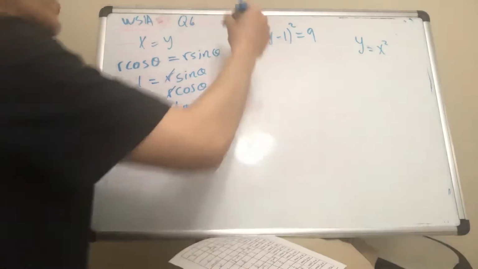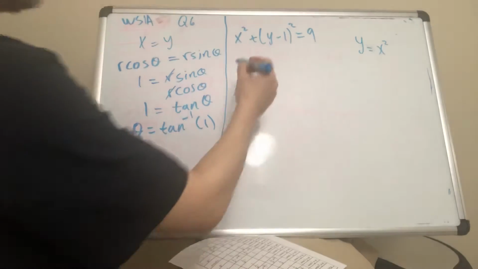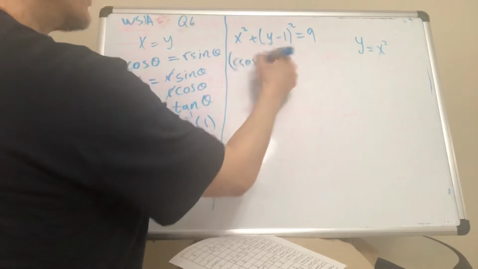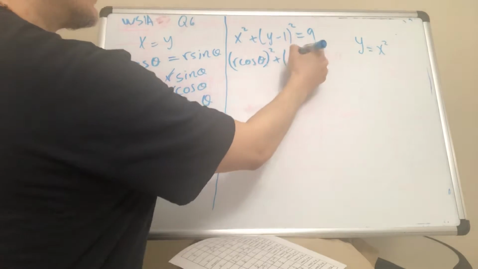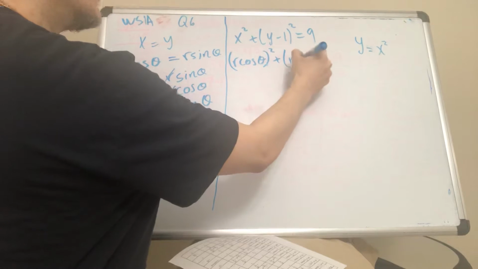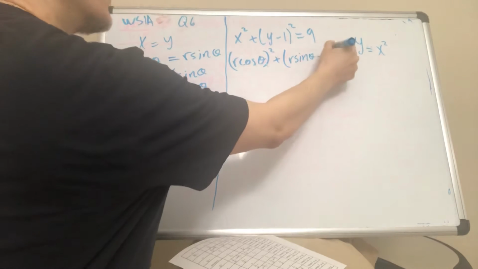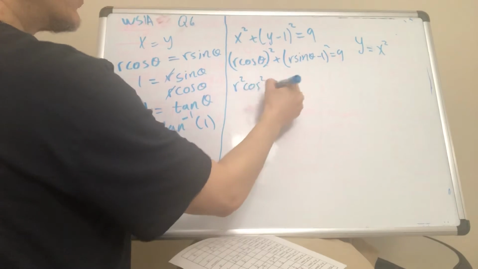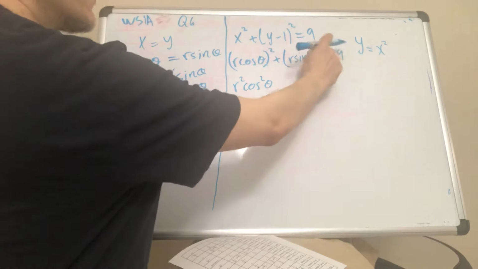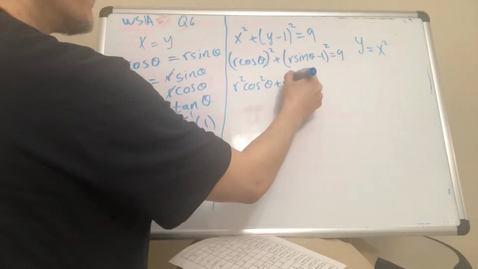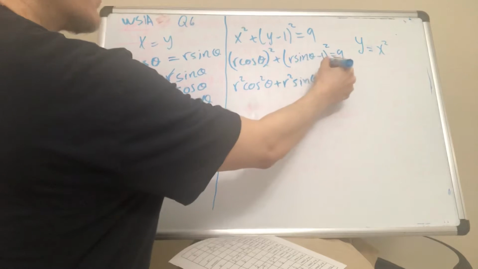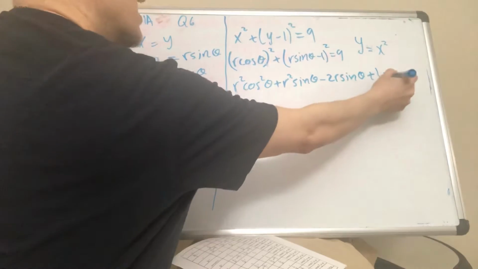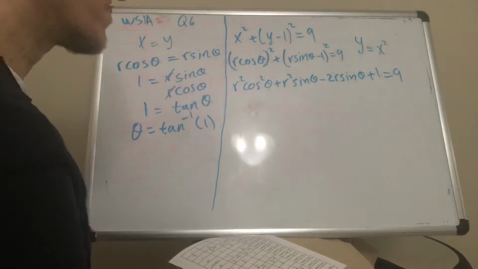If you do this one, x squared is r cosine theta squared, and this one is r sine theta minus 1 squared equals 9. This is r squared cos squared theta. To square this, you square the first one, then this times 2, you square the second one, and this number is 9.